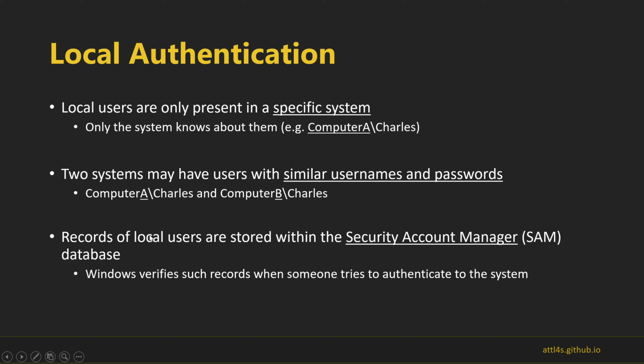the records of these accounts are stored in different places. Computer A Charles is stored in a local database on computer A, and the same applies to computer B. This database is called in Windows the Security Account Manager database, SAM.